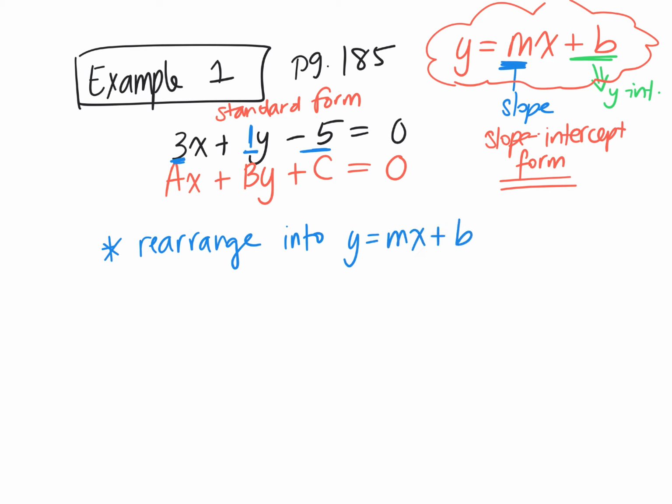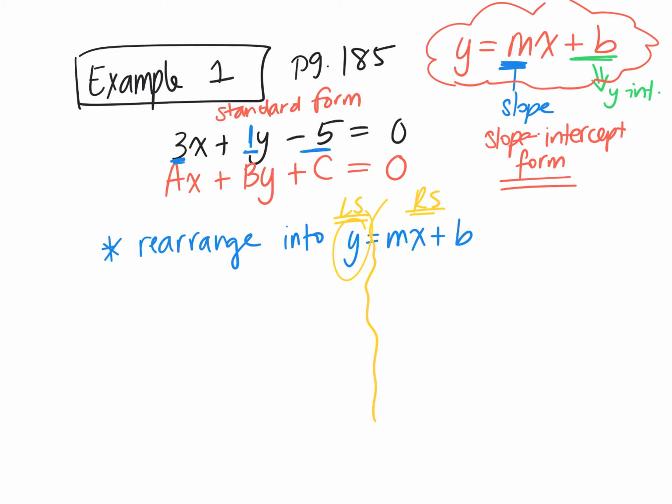When you write it in slope-intercept form, what do you notice is always going to be on the left side of the equation? What's always isolated? What variable are you isolating on the left side of the equation? I just circled it.